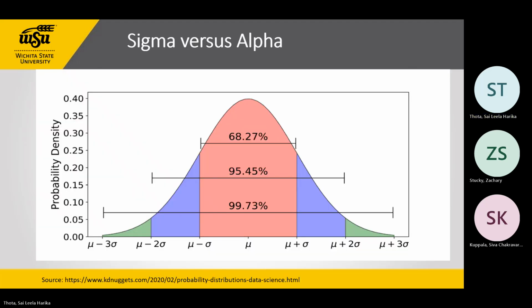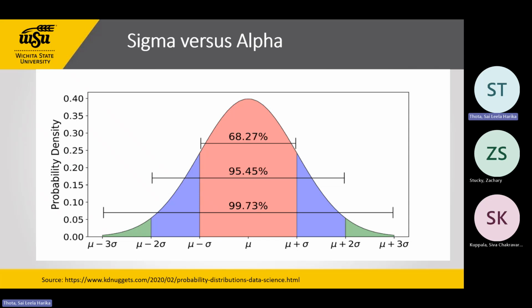Okay, so this graph we discussed in previous classes. Mu will be the mean, and mu plus sigma and mu minus sigma will be the first standard deviation. Mu plus 2 sigma and mu minus 2 sigma will be the second standard deviation. Standard deviation explains how far your data points are from the mean.